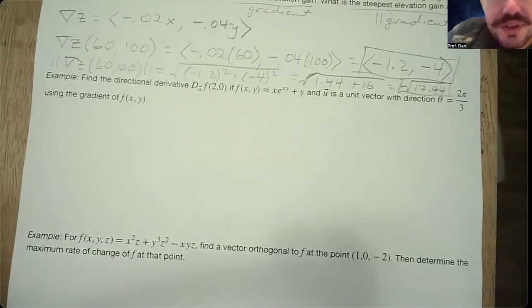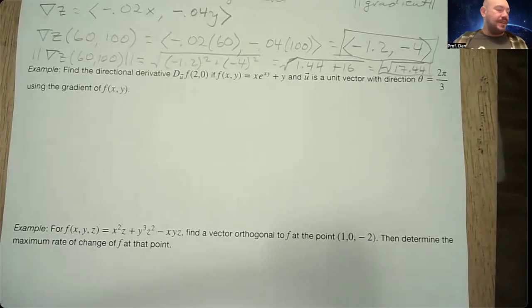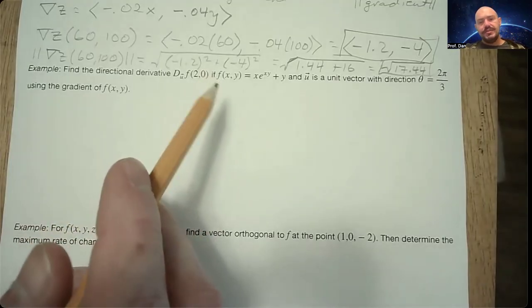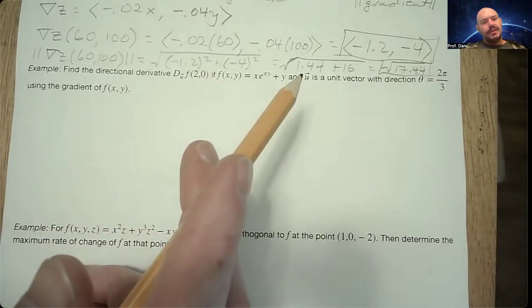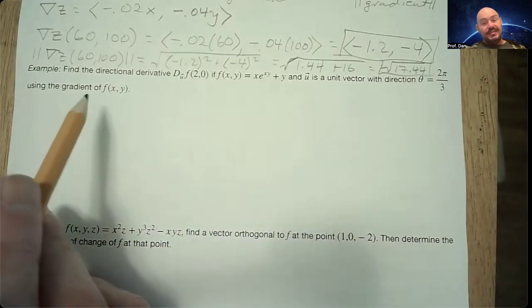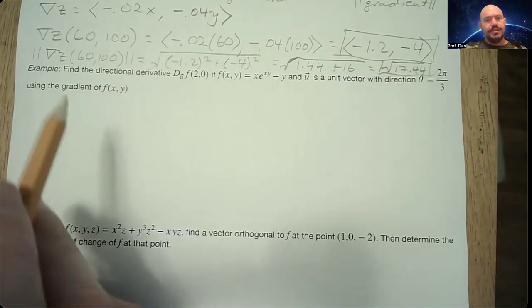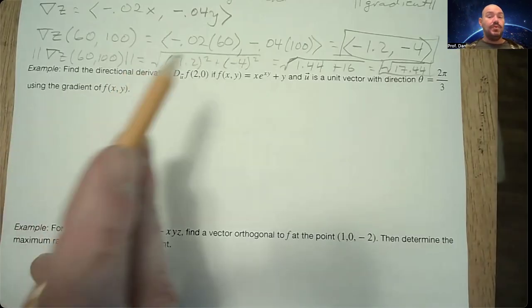Okay, so the next example asks us to find the directional derivative, right, of this function f of x, y using the gradient, which we've basically already done, but now we're going to write it in that form.